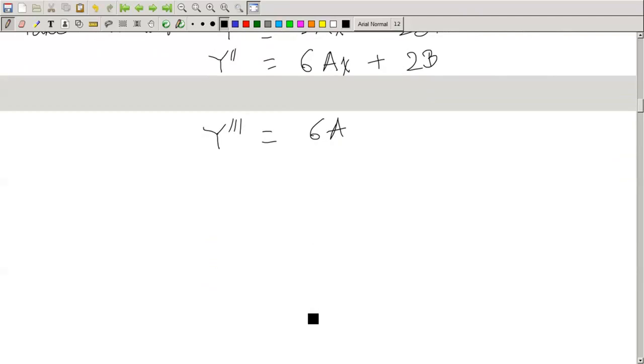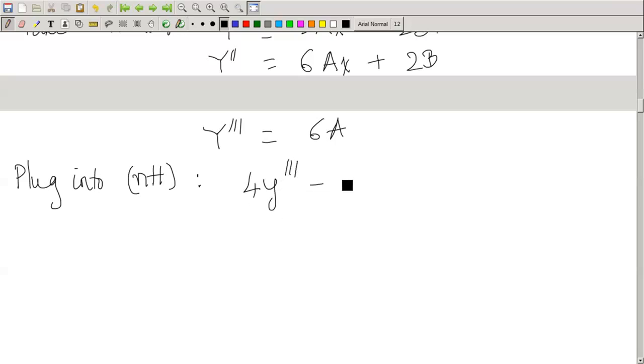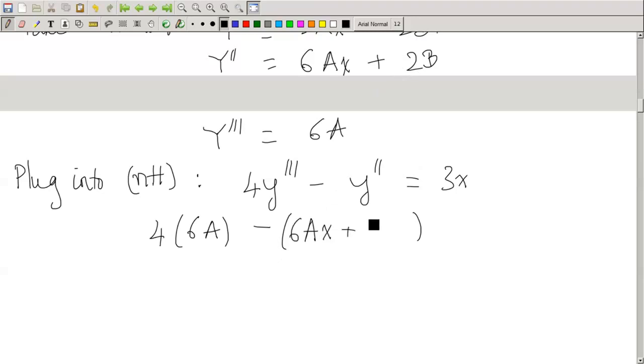Now we plug into the non-homogeneous equation, which says that 4y triple prime minus y double prime equals 3x. I need 4 times the third derivative, which is 6a, minus the second derivative in parentheses because it has several terms, 6ax plus 2b, equal to 3x.